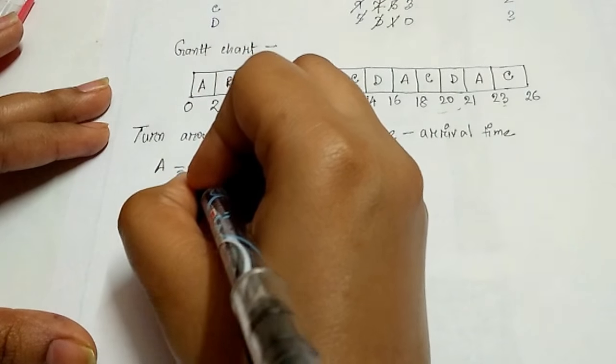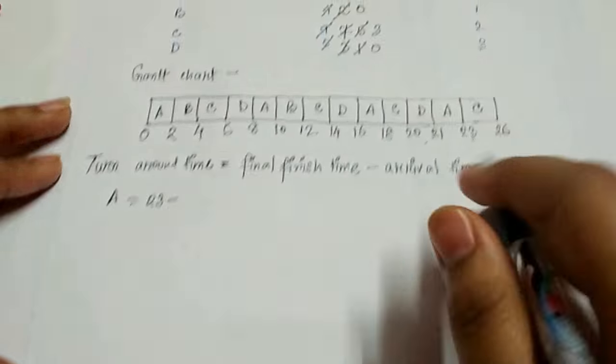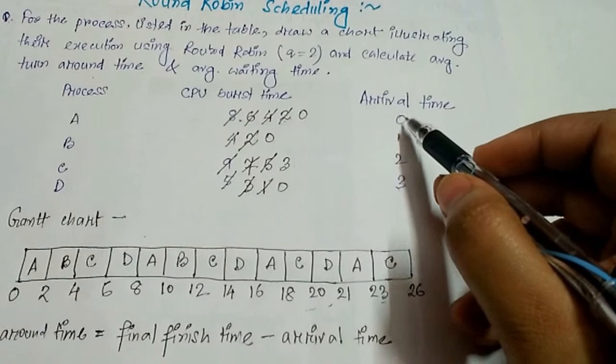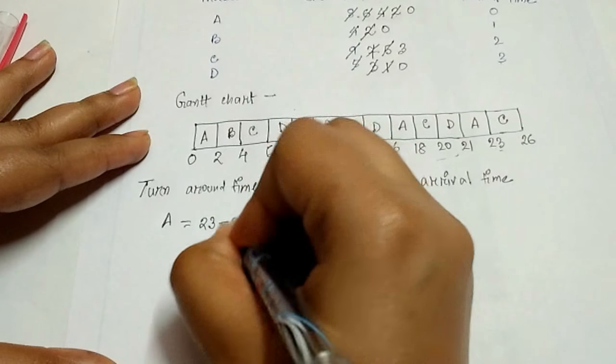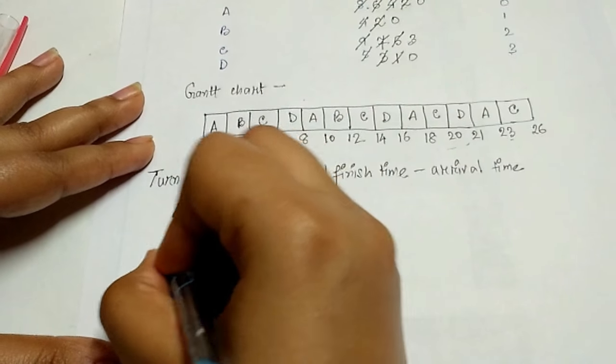For process A, the final finish time is 23. 23 minus the arrival time 0 for process A equals 23.